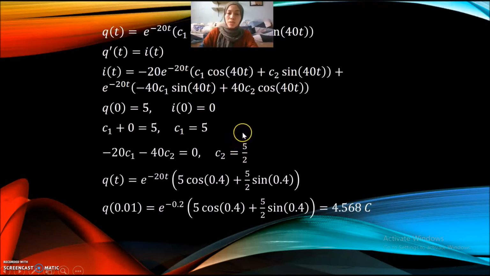We substitute back into the equation of Q(t) to have a complete equation. So when t is 0.01, the value of Q is 4.568 coulomb.